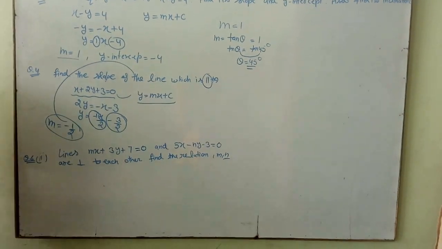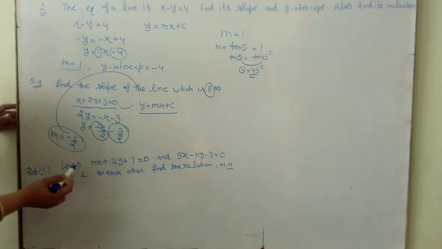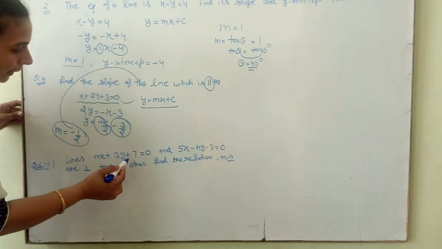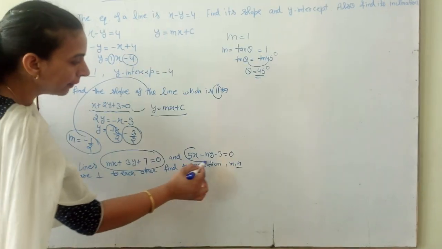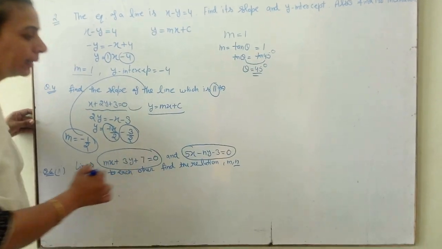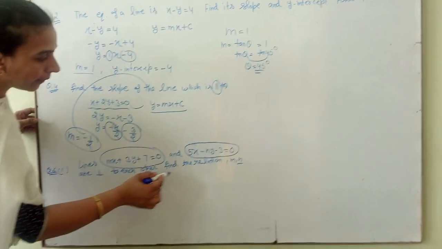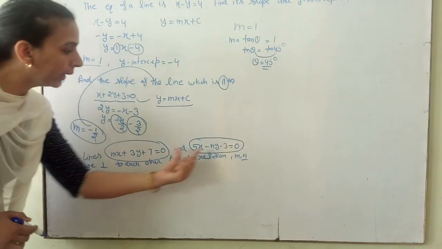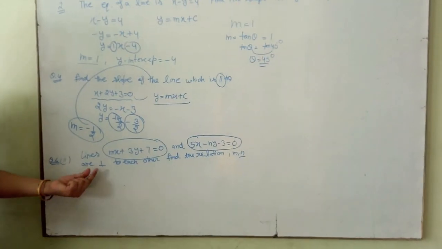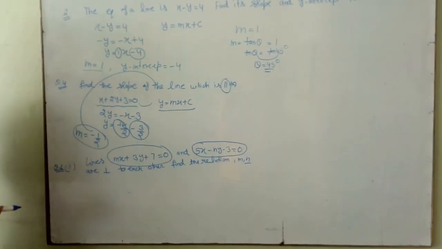Next, question number 6, part number 2. The lines mx plus 3y plus 7 equal to 0 and 5x minus ny minus 3 equal to 0 are perpendicular to each other. Find the relation between m and n. There are two lines and both lines are perpendicular to each other, then we find the relation between m and n.